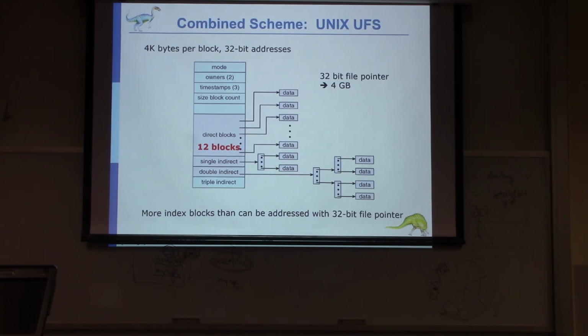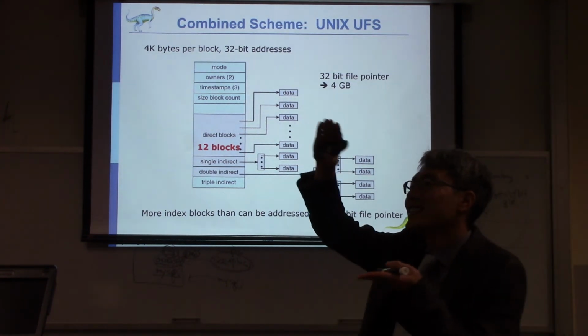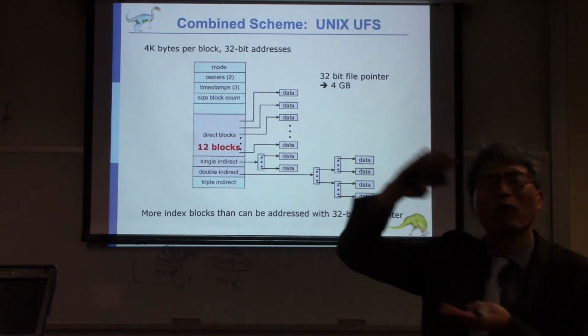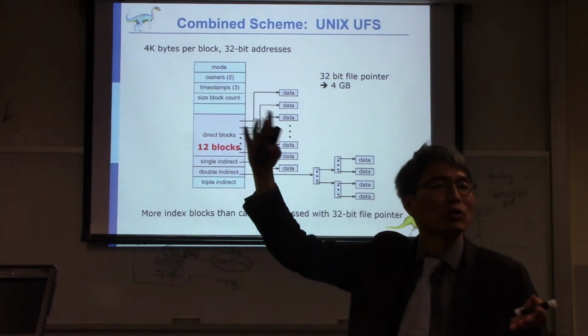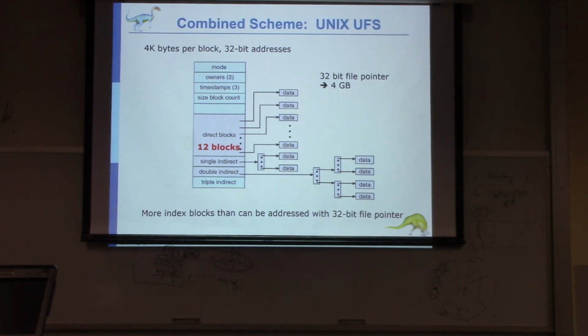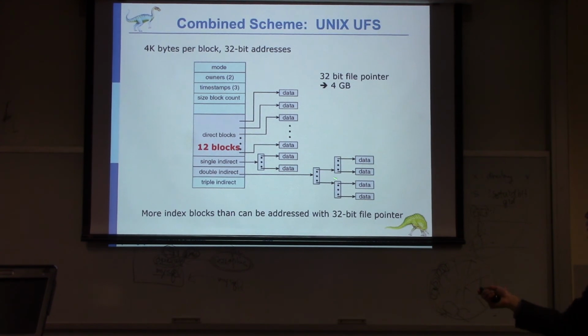That is the reason that long time ago, when we were using 32-bit processors, the file system size was limited to 4 GB. With 64-bit, there is almost no limitation. But in case of 32-bit, my final exam question was, why is it 4 GB? Maximum addressable size. You need to calculate how many.